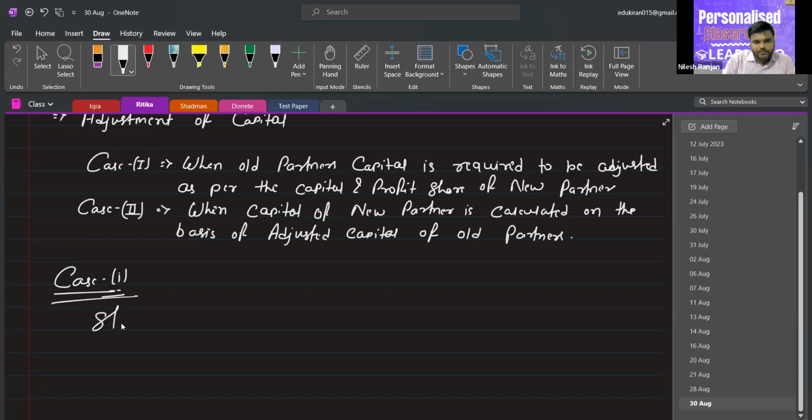Now, in case 1, the first thing we need to do is find out the proportionate capital of the firm. Calculate total proportionate capital.